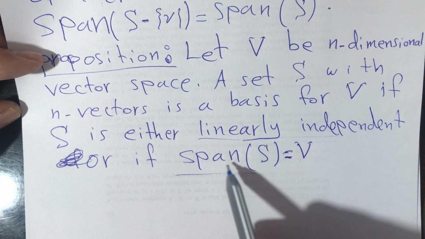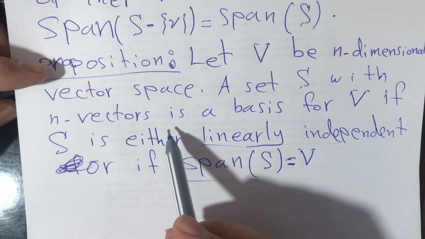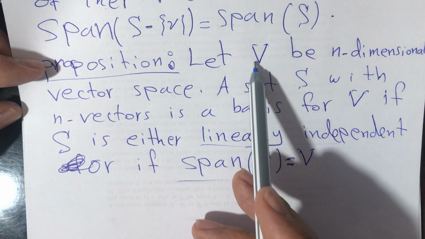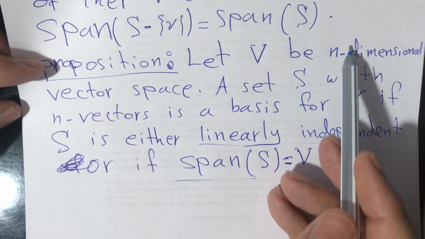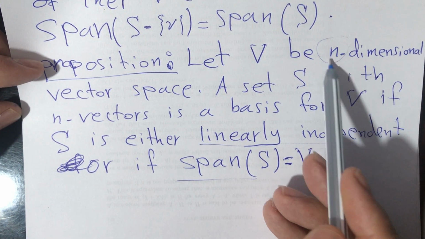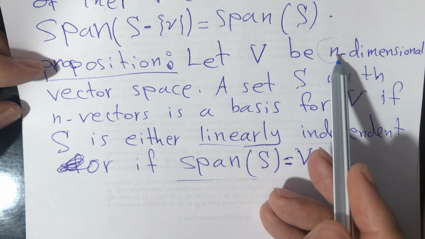Now in this proposition, V is an n-dimensional vector space, with dimension n, that means the number of elements in a basis will be n.